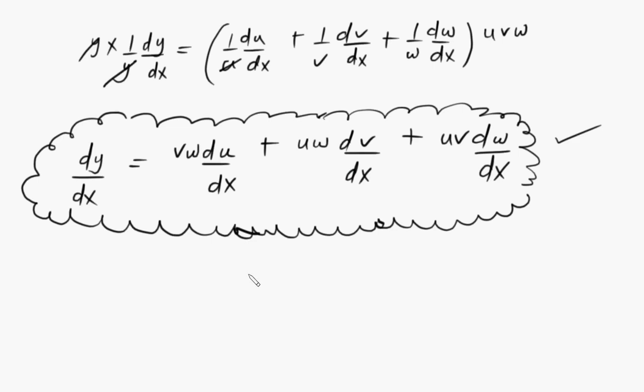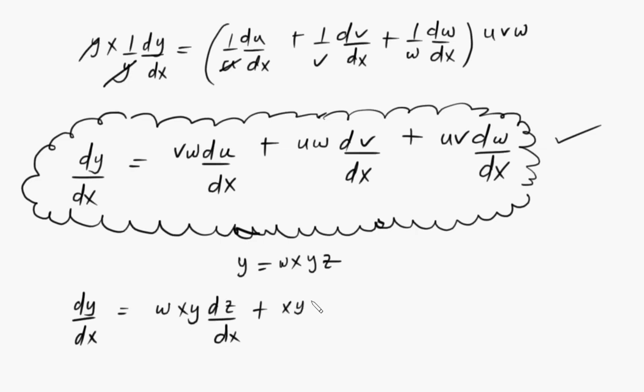Now let me tell you, I'm not going to derive it for a product of 4 functions, but from here you can see that if we have 4 functions, let's say w, x, y, z, then for a product of 4 functions, w, x, and y go together, and then dz dx. Now w, x, and y have gone together, good for them. This time it is for x, y, and z.